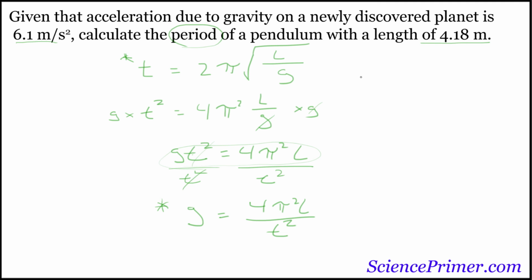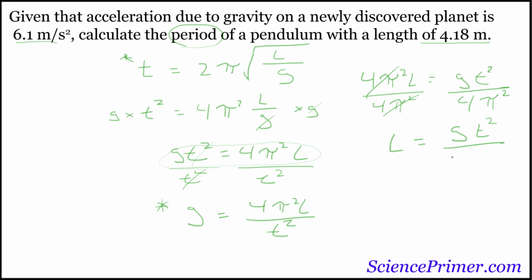We have 4 pi squared length equals gravity times time squared. Divide both sides by 4 pi squared. They cancel over here. We end up with length equals gravity times time squared over 4 pi squared. So here's the third format.